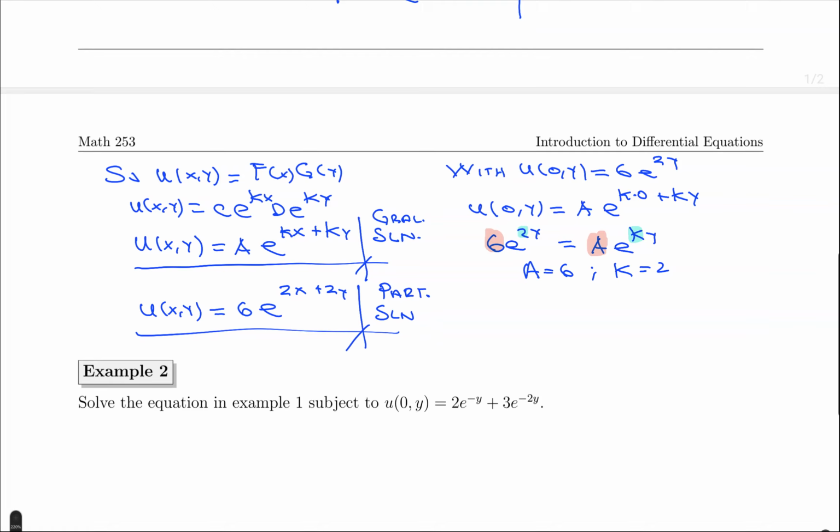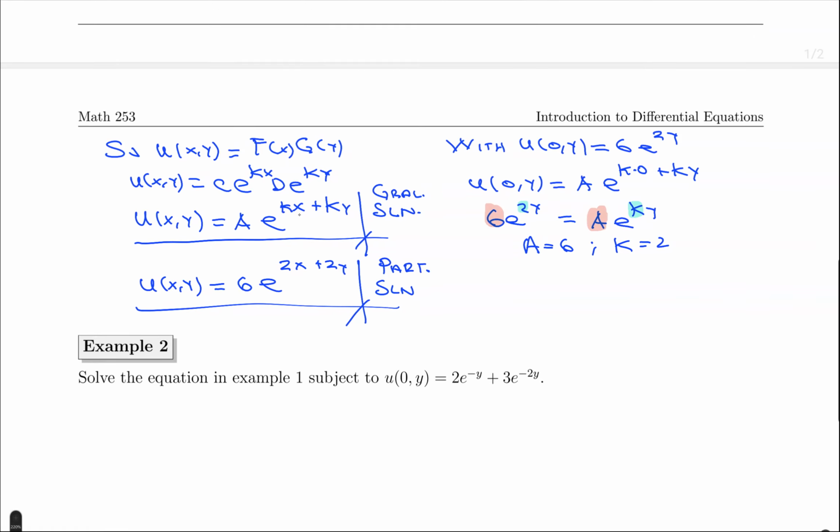So number one, again, the general solution of the previous example, which is u(x, y) = A e^(kx + ky). Again, evaluate u(0, y). That is, replace every instance of x with 0. That is A e^(k·0 + ky).